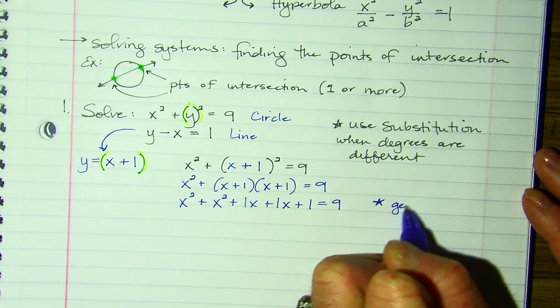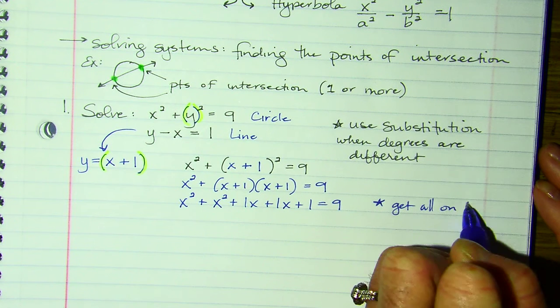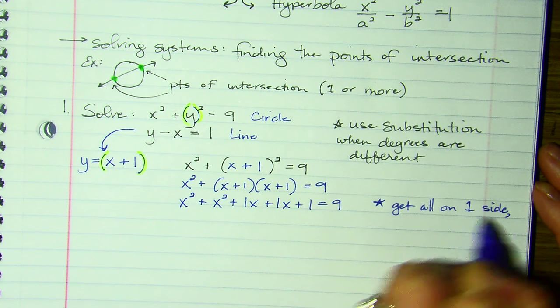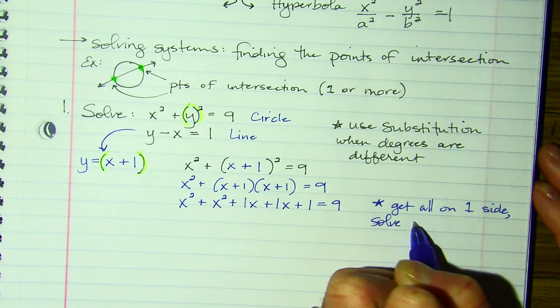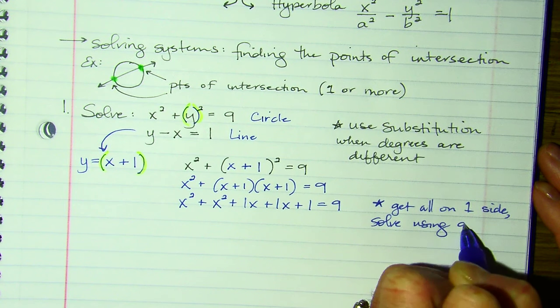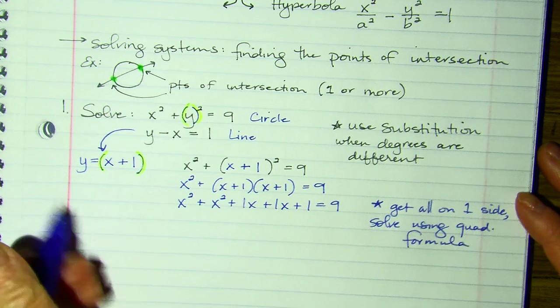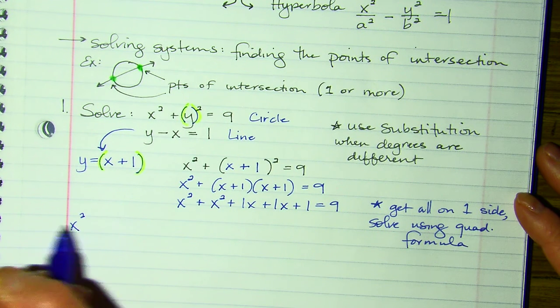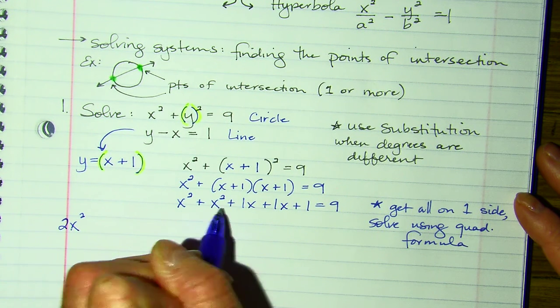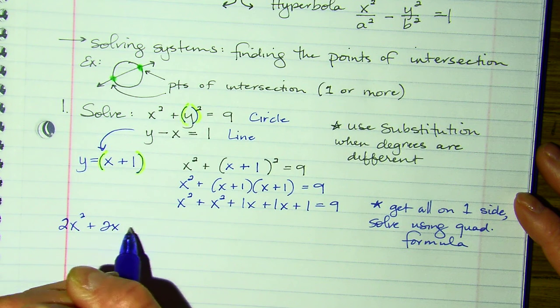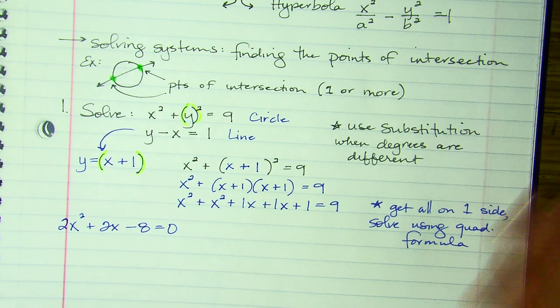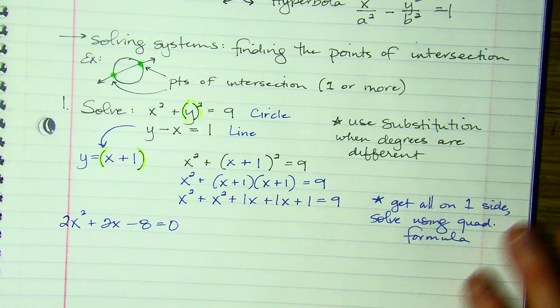So get all on one side and solve using the quadratic formula. So x squared, there's 2x squared, right? If I combine like terms, plus 2x minus 8 equals 0. I subtracted the 9. You guys can follow that.